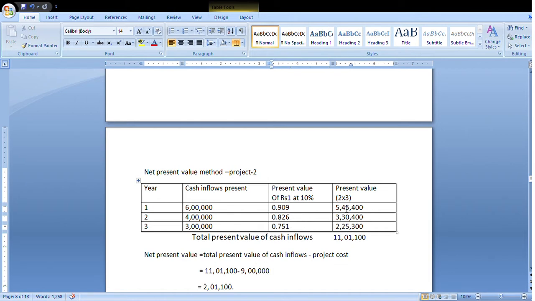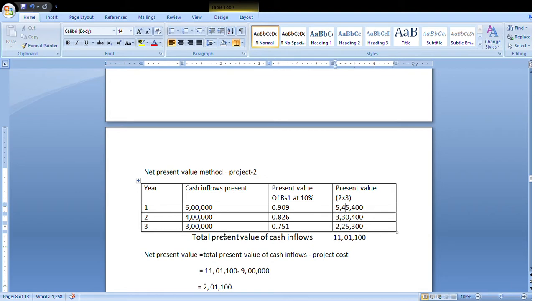Next, the present value, fourth column. You multiply the second and third columns. This multiply gives 5,45,400. Next year, this multiply gives 3,30,400.